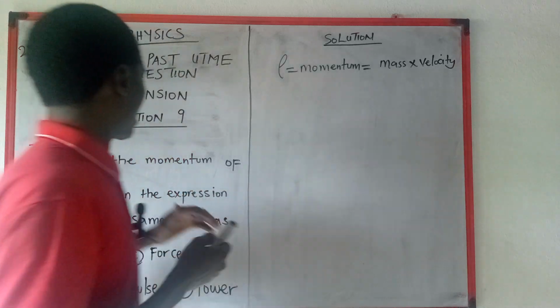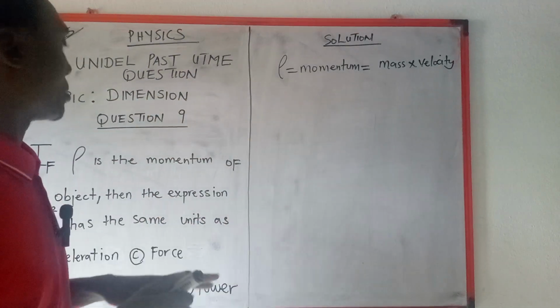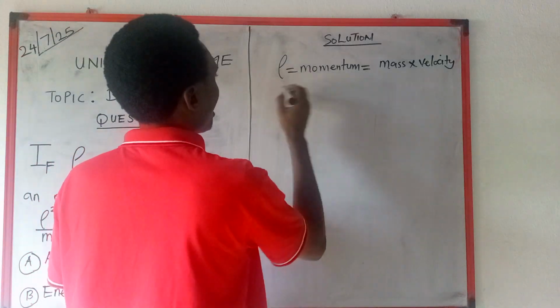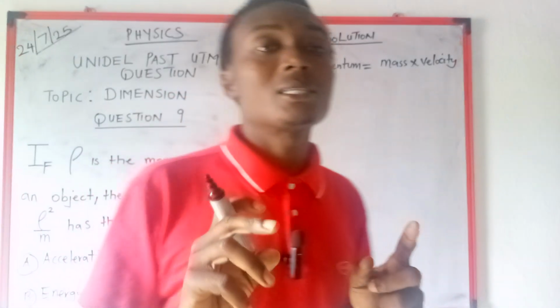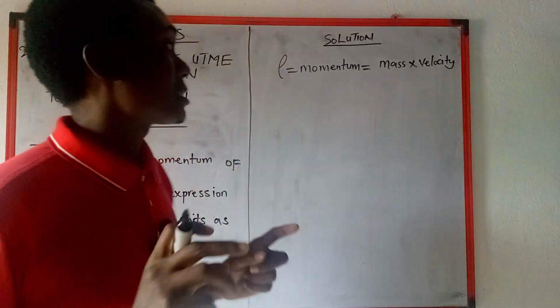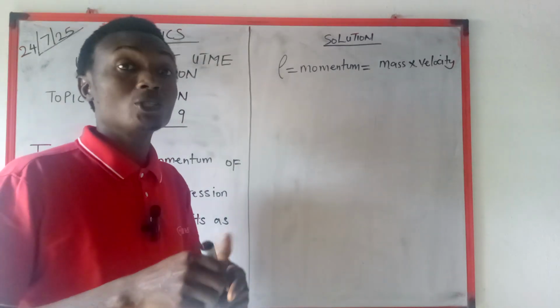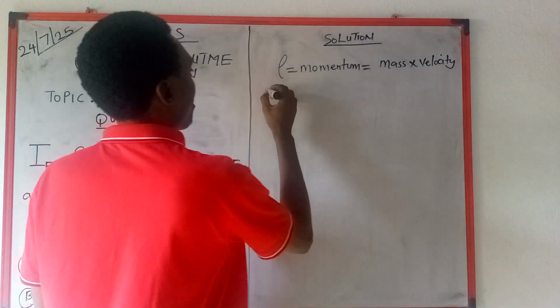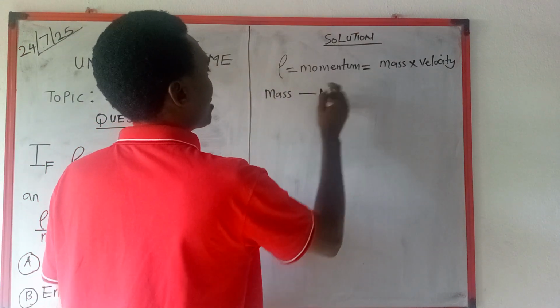Now, since the topic is basically dimension, there are things that we need to know. First of all, if you're talking about dimension, there are three basic quantities that we use in every other quantity you're going to use to solve it. So, the dimension of mass is M. You take the first letter.